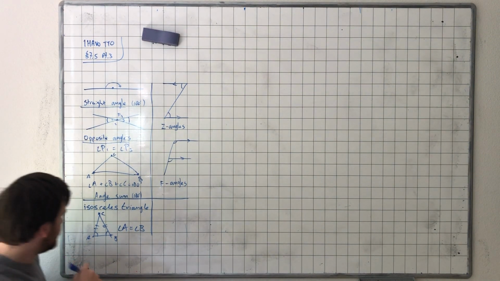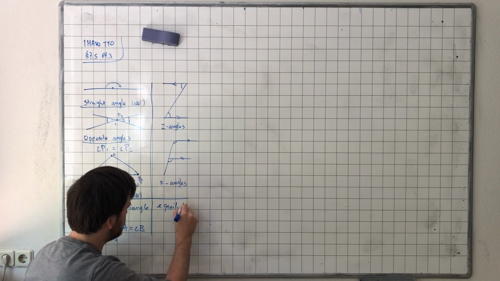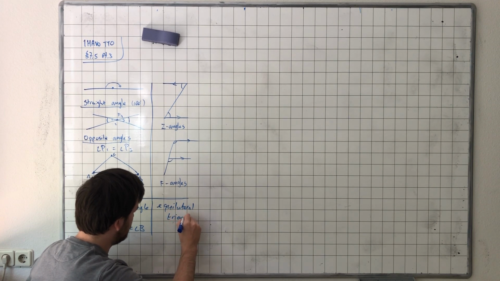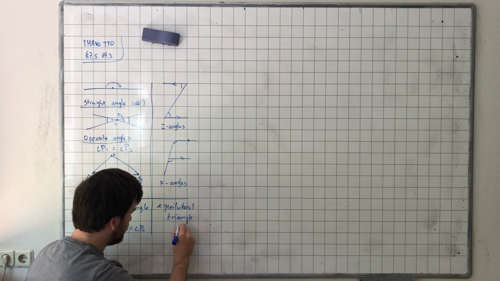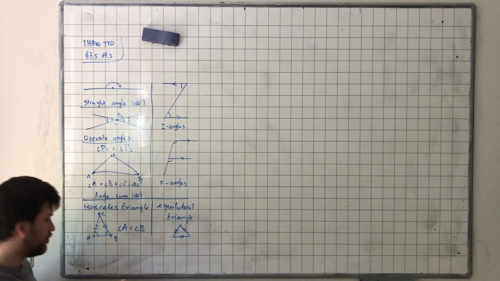Then basically its older brother, the equilateral triangle, was a triangle in which every side was equal. Then all of the angles were also equal.